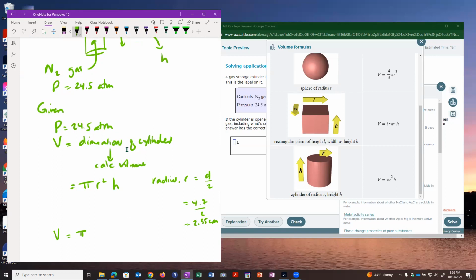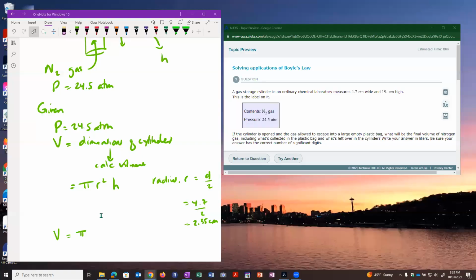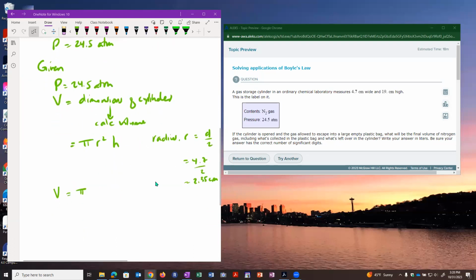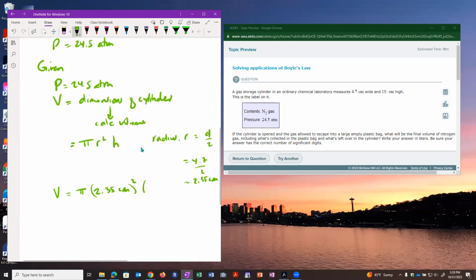Now we want to keep in mind the units that we're dealing with in this problem. The units are going to be important as we do this. So our r here is going to be 2.35 centimeters, and then that's going to be squared. And then we have our height, which was 19 centimeters.